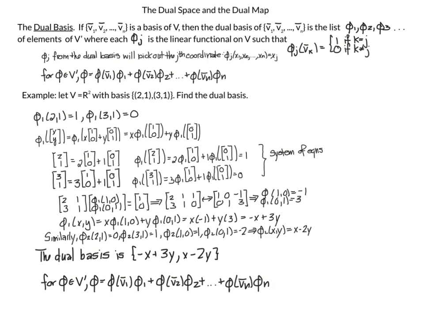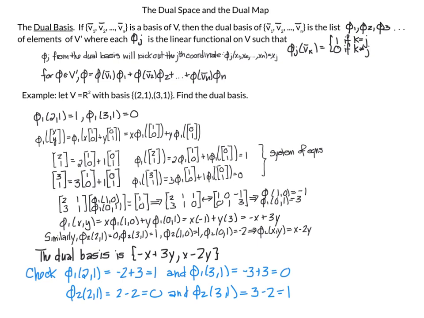And we had previously, just a few slides ago, calculated the coefficients are going to be our functional phi evaluated at v1, the basis vector for V, in this case R2, times phi 1, plus phi of v2, again, our functional evaluated at our second basis vector, times phi 2, our second basis vector for the dual space.